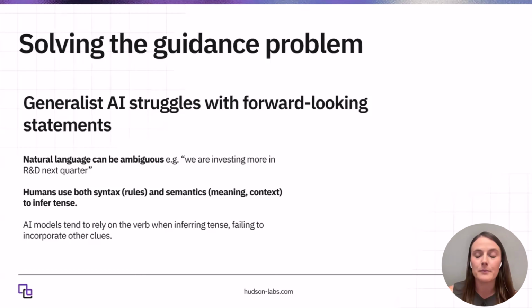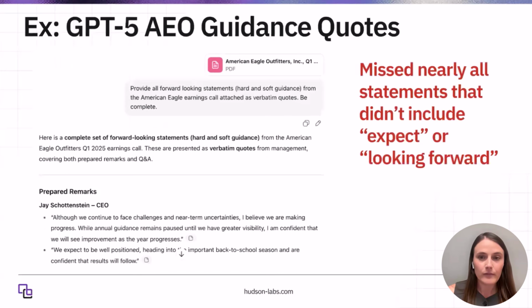Why should you care? Because if you ask a generalist system, so that's either GPT-5 or any product that's implemented a generalist infrastructure, to get guidance, you're going to run into this issue. We asked for all forward-looking statements. It gave me a lot of statements, but more or less only statements that included the word expect or looking forward.